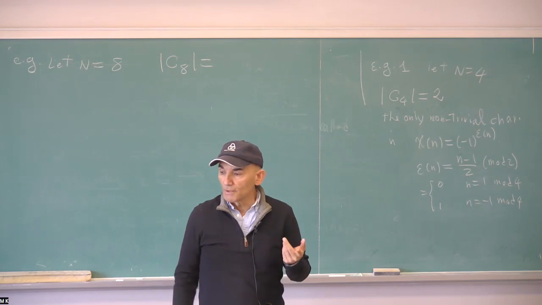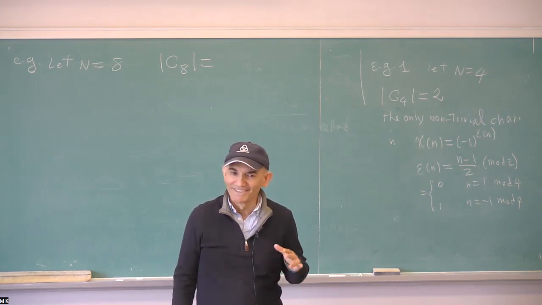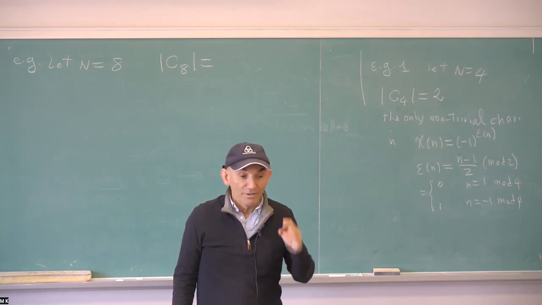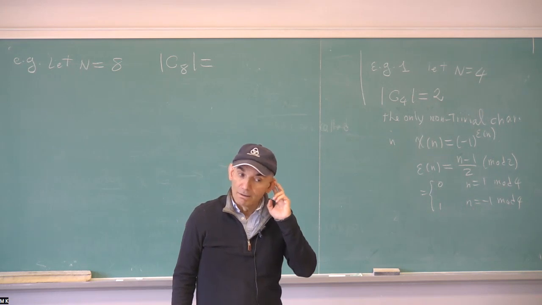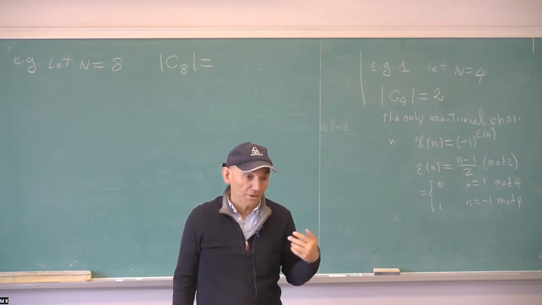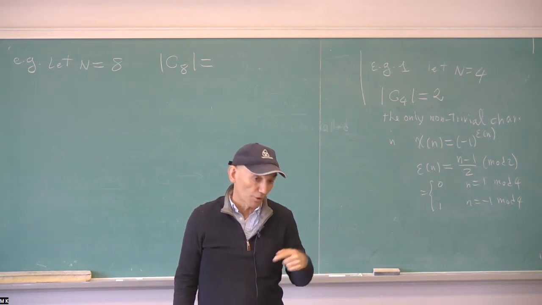So you know groups of 4 elements, right? What are the groups of 4 elements? One of them is Z4, the cyclic group of order 4, which is obviously always there. The other one is Klein's 4 group, which is Z2 cross Z2.